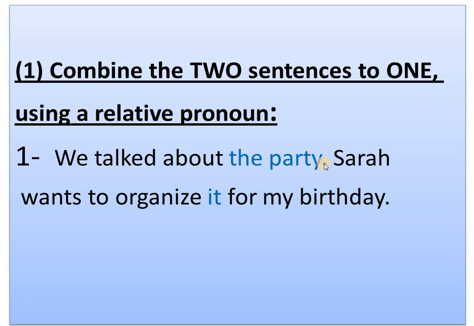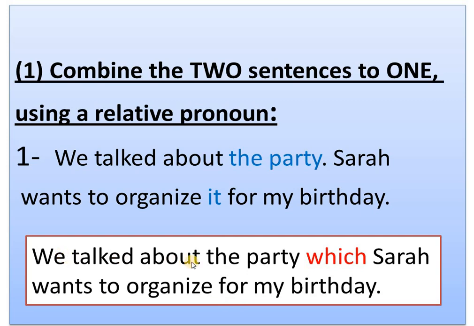Here, at the end of the first sentence, the word is the party. Sarah wants to organize it. It refers to the party in the second sentence. So, what is the right word to use to join these two sentences? We talked about the party.